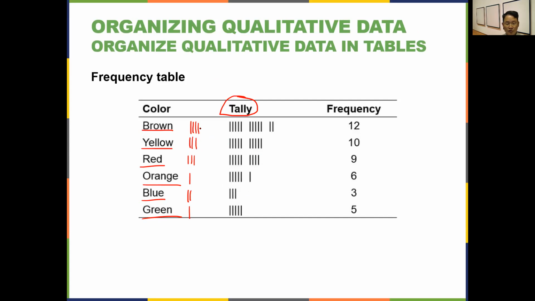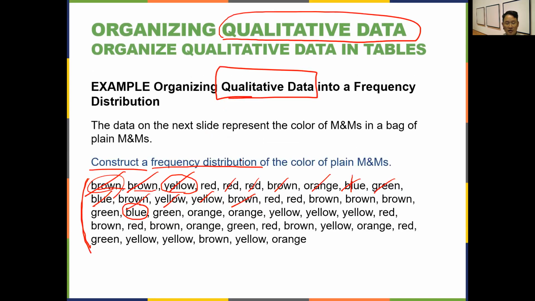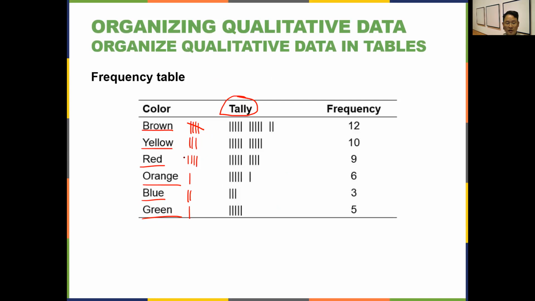So going back here, see, I usually do this. I have 1, 2, 3, 4 bars. When I have one more, I cross it out and make a bundle of 5. I mean, you can do it this way, but I prefer this way. Now, I'm not going to go on, right? You get the idea. You have 2 more red, and then 1 more red and 1 more red like that. And then you complete the tallying.